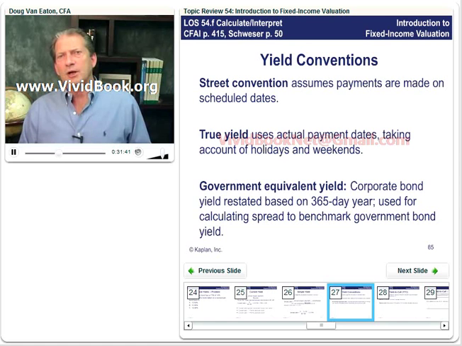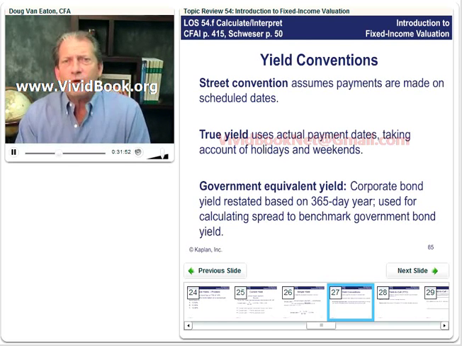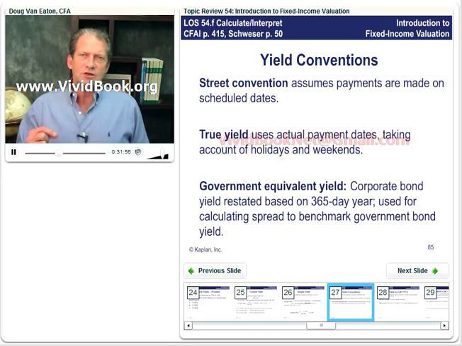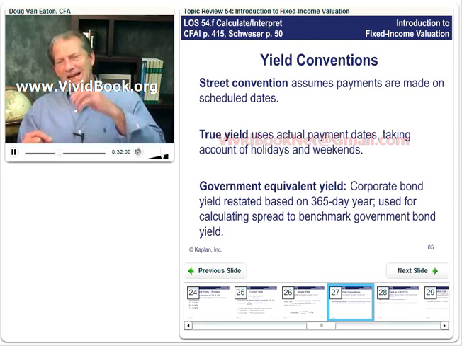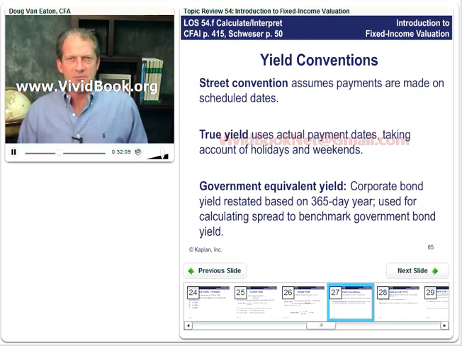Now, when we talk about a government equivalent yield for a corporate bond, we're going to restate that corporate bond yield based on a 365-day year. And if we're going to calculate the spread, that is the difference between the yield to maturity on a benchmark government bond and the yield to maturity on a corporate bond, it would be nice if we put the yield calculations for both of them on the same basis.